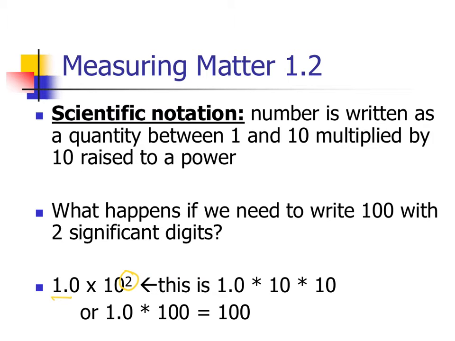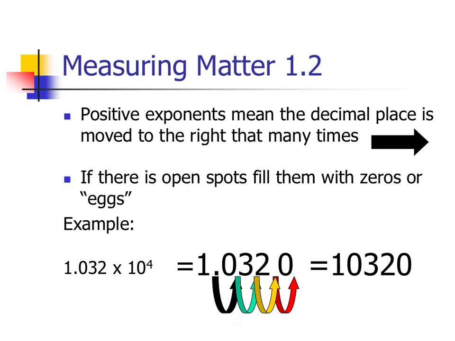And so we are able to understand the numbers just a little bit better. So positive exponents mean the decimal place is moved to the right that many times. If there's open spots, we fill them with zeros.